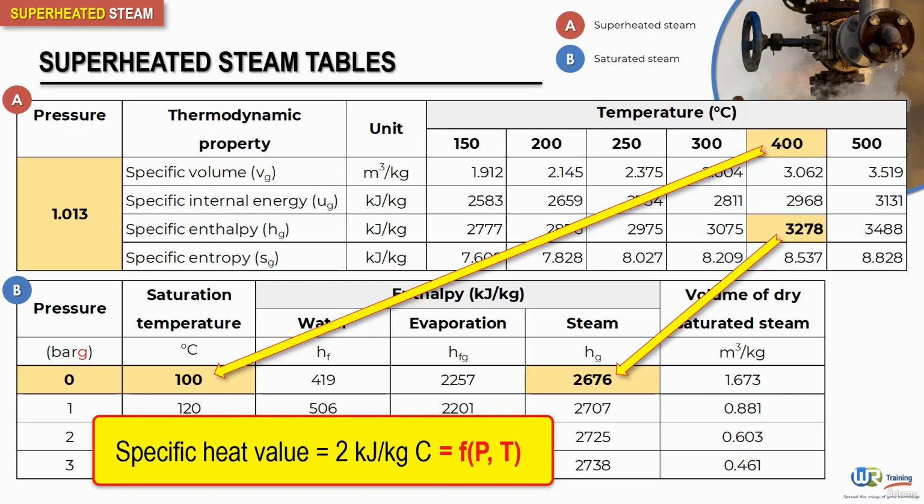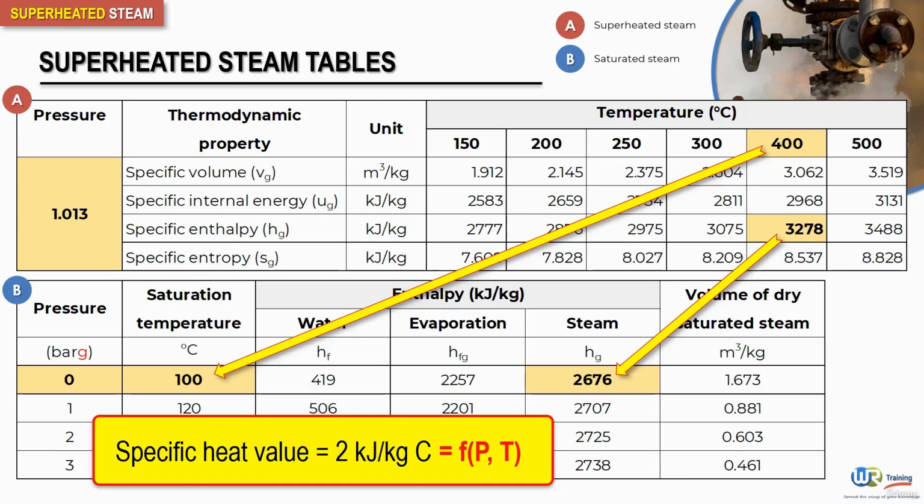Keep in mind, there is no direct relationship between temperature, pressure, and the specific heat capacity of superheated steam. There is, however, a general trend towards an increase in specific heat capacity with increasing pressure at low degrees of superheat, but this is not always the case. 2 kilojoule per kilogram per degree Celsius at 125 degrees Celsius and atmospheric pressure is a typical value range for superheated steam.